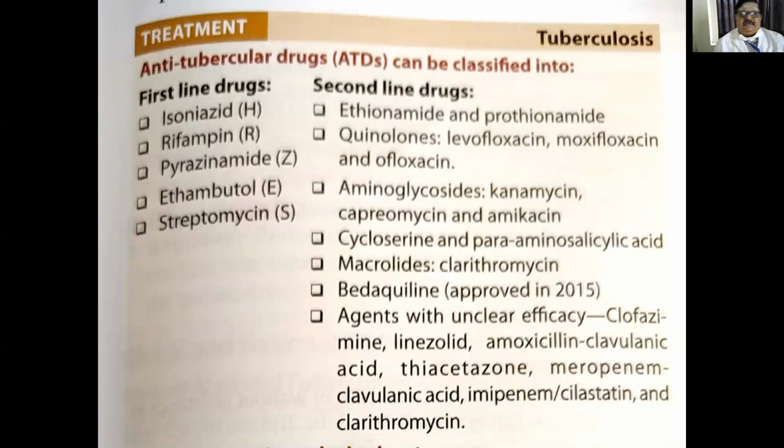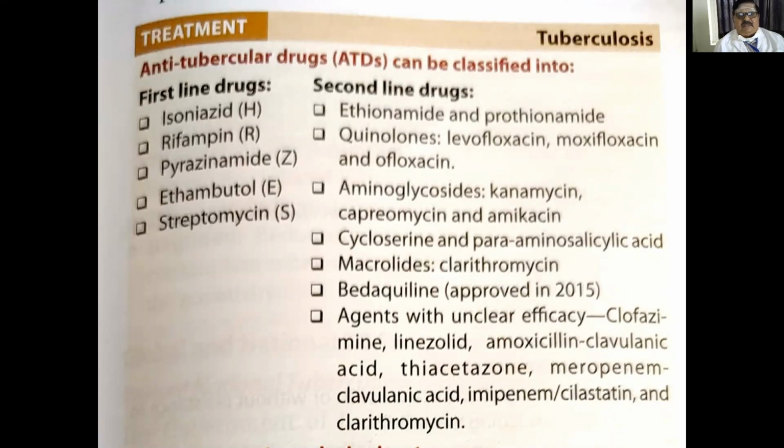Now about the treatment. It is again the arena of medical people, but still for completion's sake, I will give you some names of the anti-tuberculosis drugs, first line, second line. Before I tell you about the treatment, the National Tuberculosis Elimination Program has a different set of guidelines issued.